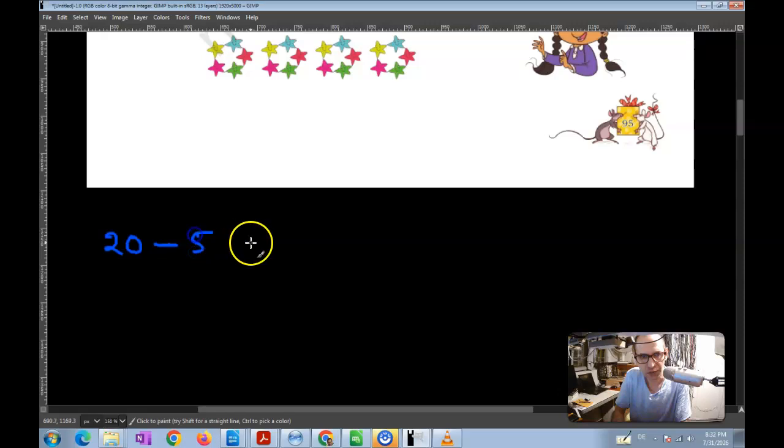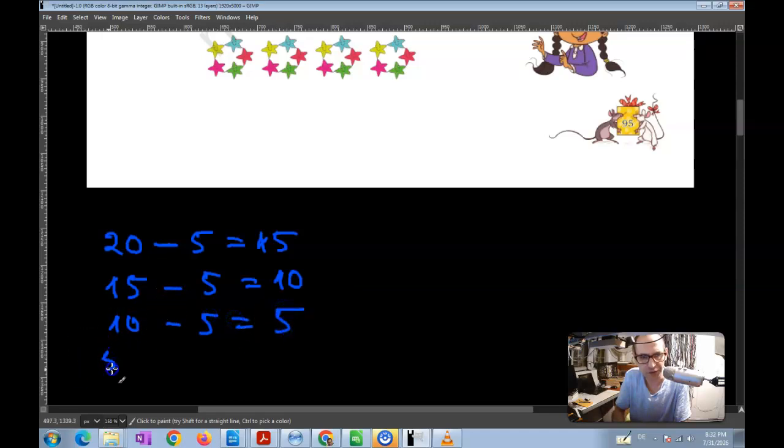Then you take away some number from that, and you will have a difference. Then 15 minus 5 is equal to 10, then 10 minus 5 is equal to 5, and then 5 minus 5 is equal to 0. And this repeated subtraction is always going to be there.